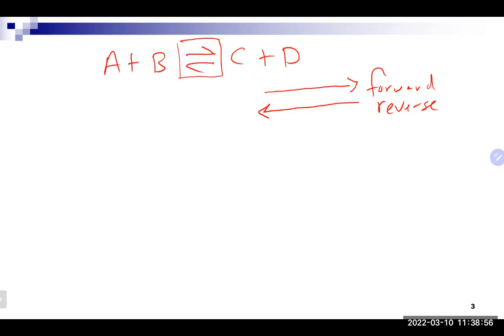What it actually means when we reach chemical equilibrium is what we were talking about in the previous chapter: the rate of the forward reaction will equal the rate of the reverse reaction. That really is what it means when a reaction reaches chemical equilibrium. Basically, as fast as it goes from reactants to products, it's just as fast going to come back the other way from products back to reactants.